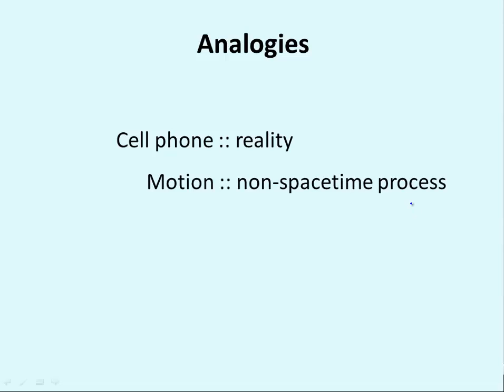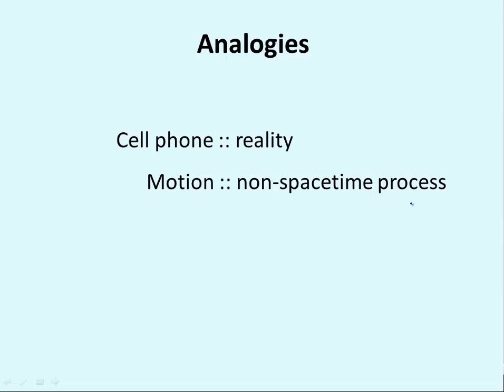Okay, the reason I shared this picture was that I want to make an analogy. I suggest an analogy between this picture and the quantum mechanical nature of the universe. The cell phone, I'm saying, is a representation of all of reality. This is not just the reality that we see, the universe that we see, but the dynamics that lies behind what we actually see.